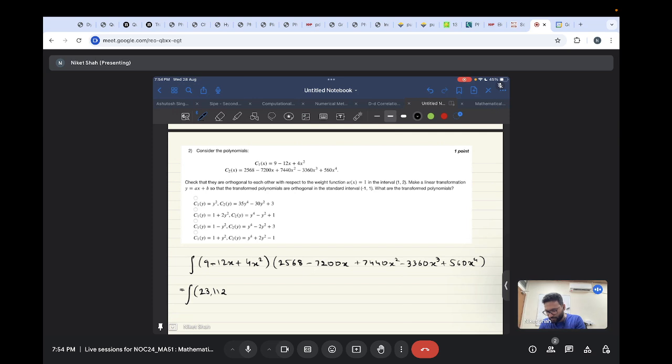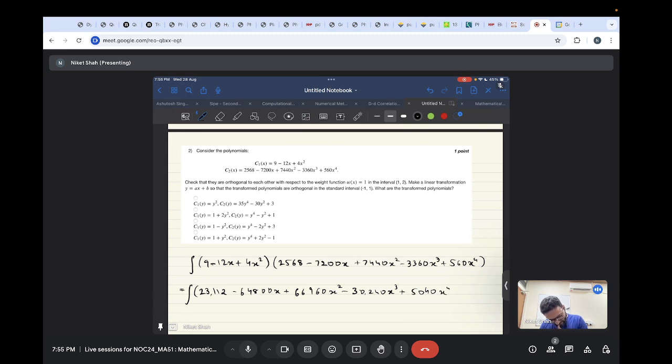9 into 7,200 gives me minus 64,800 x plus 1440 into 9, so plus 66,960 x square minus 30,240 x cube plus 5040 x power 4.